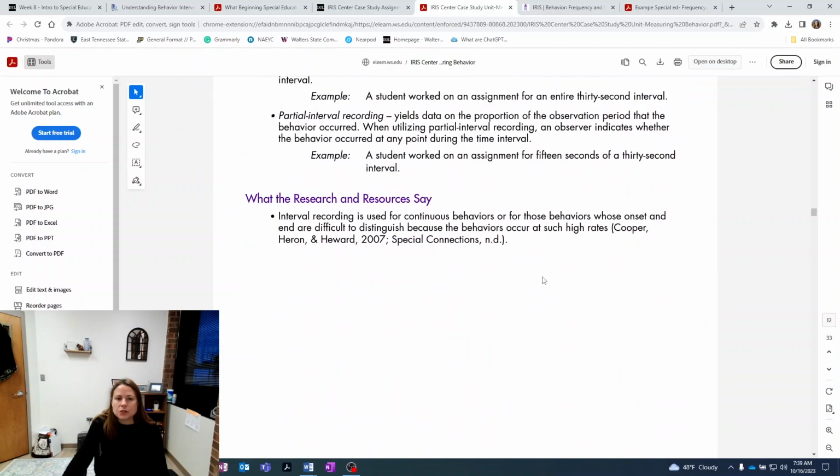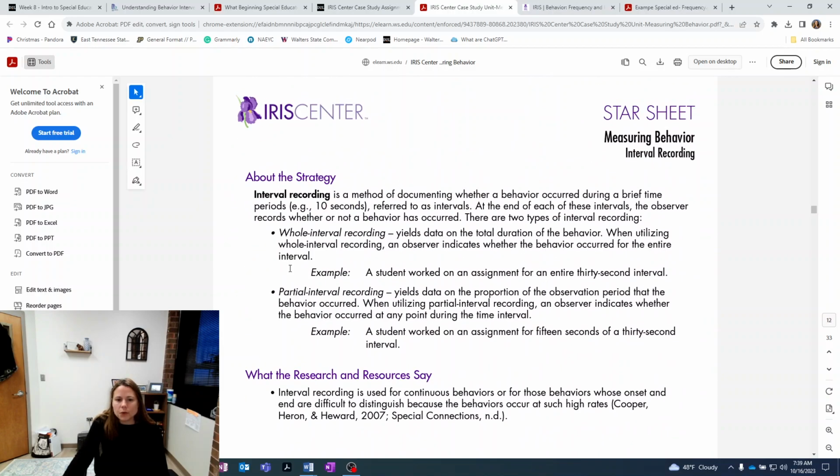Then, to do the interval, you'll notice it tells you whole interval recording yields data for the whole duration of the behavior. Or it's partial, where it gives you partial periods that the observer indicates. So a student worked on an assignment for 15 seconds of a 30-second interval. So for half the time they were working, the other half they weren't.